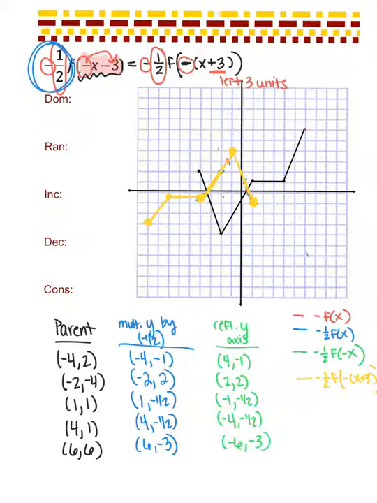And then that last step, when I moved everything to the left 3, I'm going to get rid of my color coding right here so I have more space. I would have been subtracting 3 from my x values. So when I do this, I should see the same points I have graphed up here.